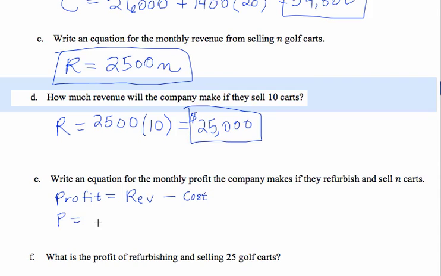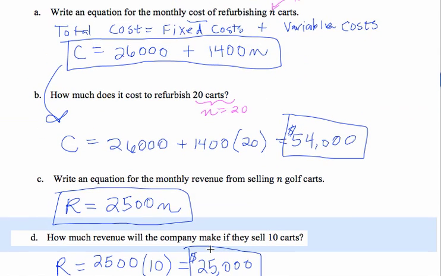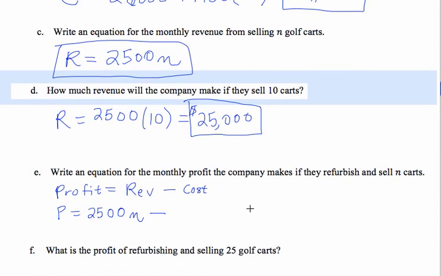So P for profit, we're putting this in terms of N. So it's this revenue equation right here, 2,500 N minus the cost function up here. Here it is, 26,000 plus 1,400 N. You do have to put a parenthesis there. 26,000 plus 1,400 N.